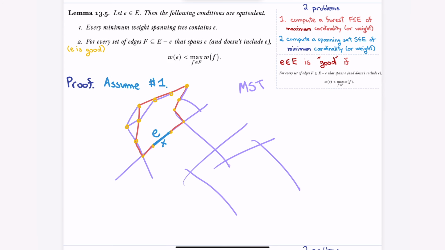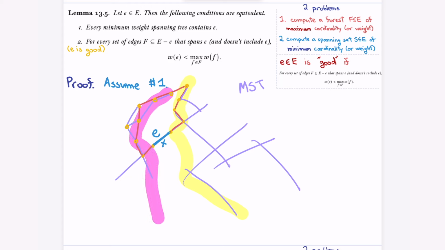So if we remove E, that'll take my spanning tree and divide it into two parts, right? We have one side over here, and well, that wasn't a great picture. One side of the tree is over here, and the other side of the tree is over here.